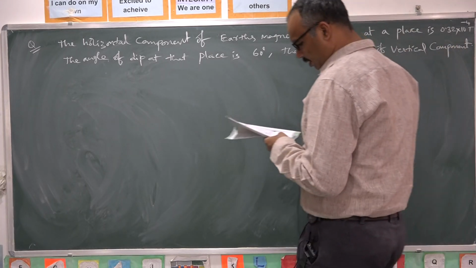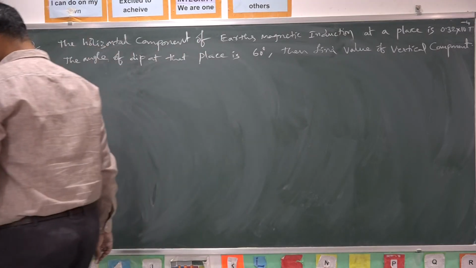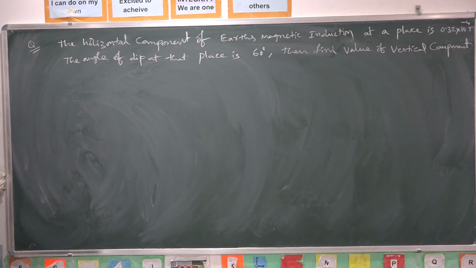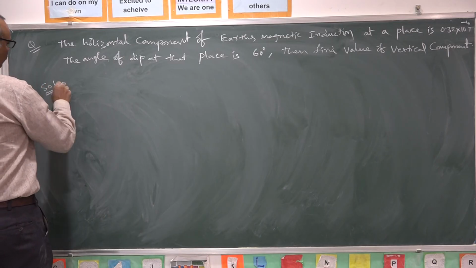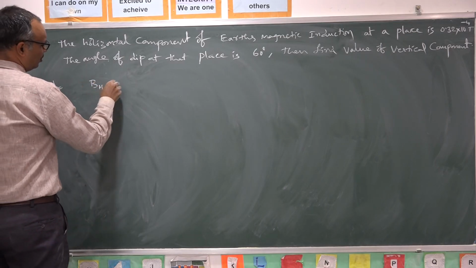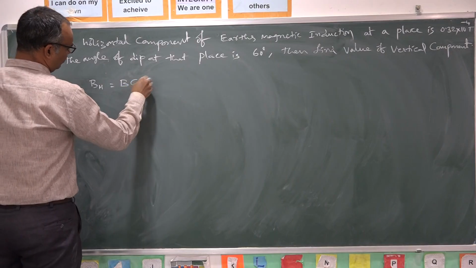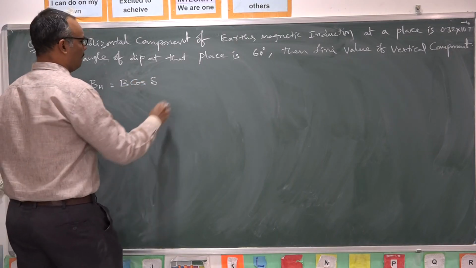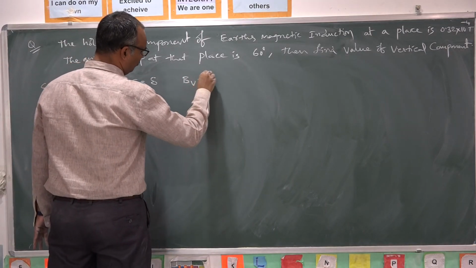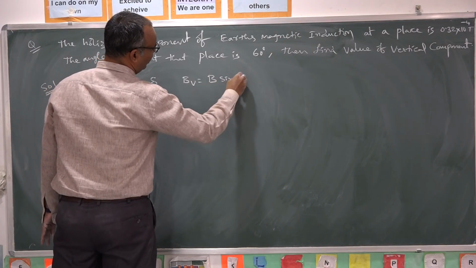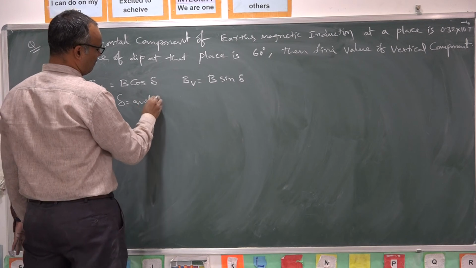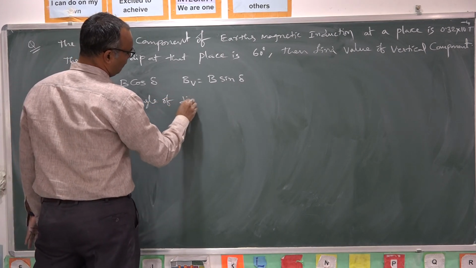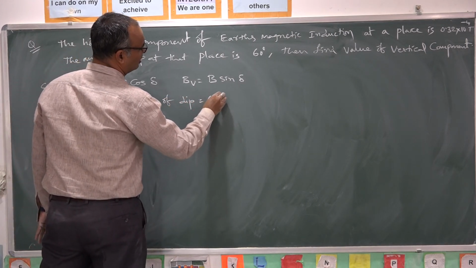Very simple problem it is. We know that the net earth magnetic field consists of two components. One is the horizontal component BH, that is B cos delta. The vertical component is BV, B sin delta. Delta is called the angle of dip, which they gave as 60 degrees.